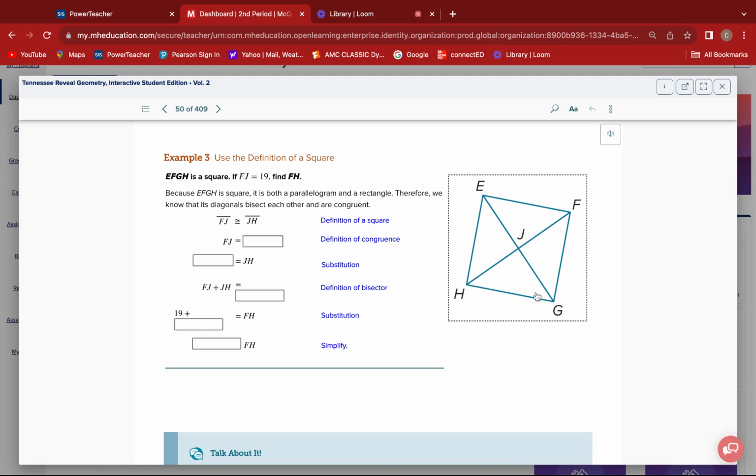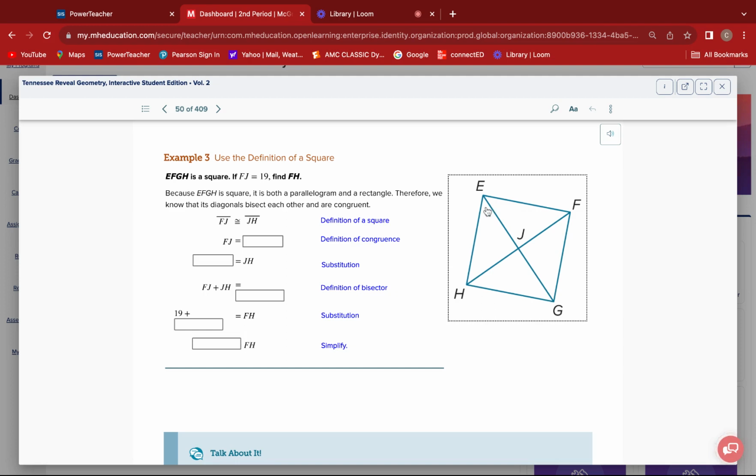Diagonals bisect each other like the rhombus, but they're actually equal to each other like the rectangle. So EJ, FJ, GJ, HJ are all the same. And the angles are bisected by the diagonal, which means these little bitty angles are 45, 45, 45, 45, 45, 45, 45, and 45.